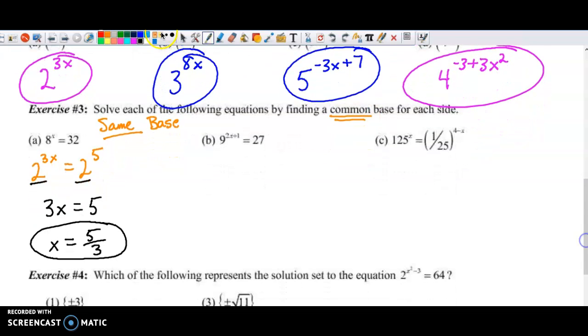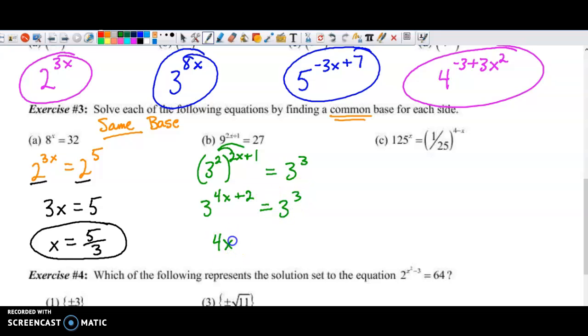And like I said, it's going to take you some time to figure this out. Can you just look at this and say, oh yeah, 3 squared is 9 and 3 cubed is 27? Well, maybe before getting the same base, you should also distribute that 2 into the problem. And then from here say, okay, now I know my bases are the same, so my exponents need to be the same.